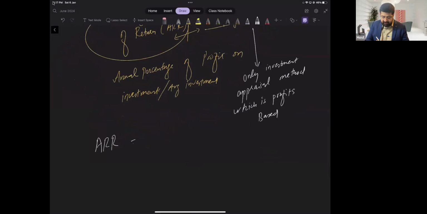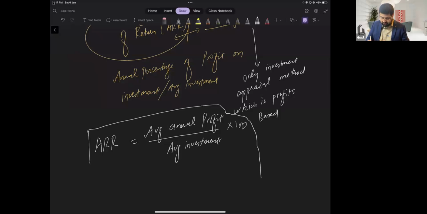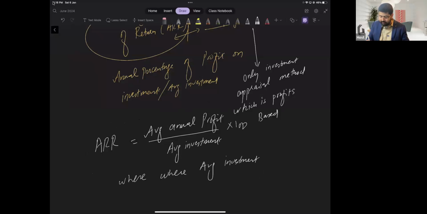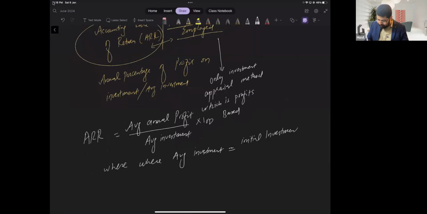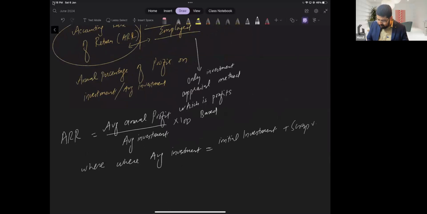So accounting rate of return is equal to the average annual profit the company will earn through the project, divided by average investment, into 100, where average investment is equal to the initial investment in the project plus scrap value, divided by 2.